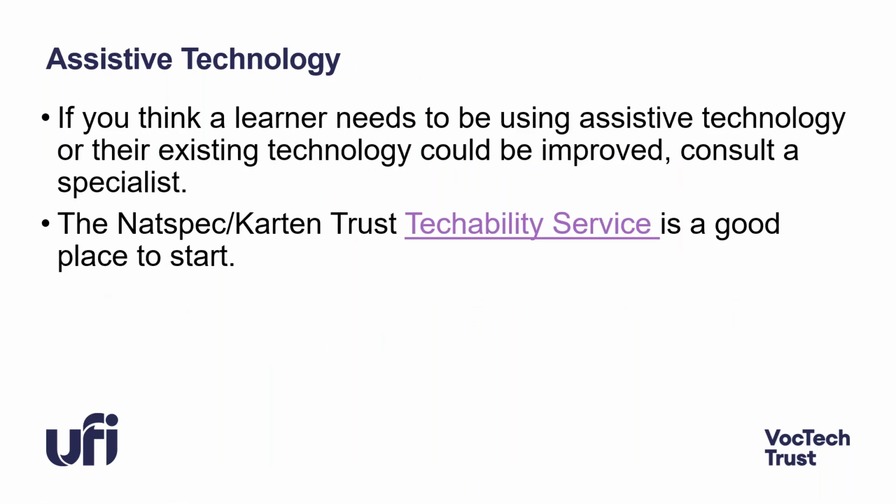Assistive technology. Assistive technology is any device, software or equipment that helps people work around their difficulties or challenges. It can be low tech as well as high tech.